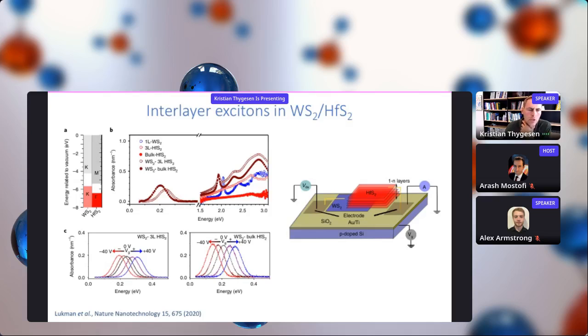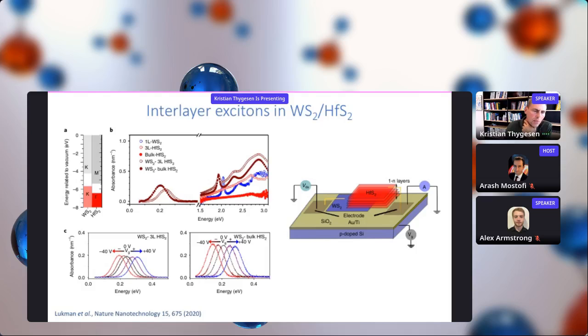For that reason, when you form the heterostructure and you probe it, you still see the features of the intralayer excitons in the tungsten disulfide, but you also see the occurrence of 2 additional peaks at much lower energy in the infrared regime, at around 0.2 eV. And that's due to the formation of an interlayer exciton, where the electron is sitting in the hafnium disulfide and the hole is sitting in the tungsten disulfide.